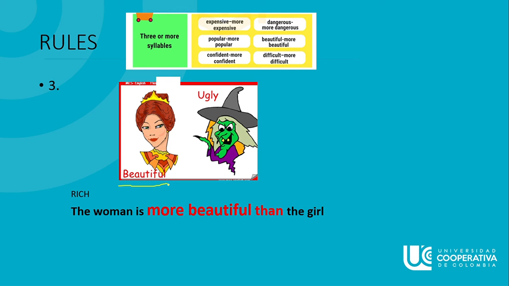As this is a long adjective or a 3-syllable adjective, we are applying the rule. First, we have to place the subject. After that, we place the verb be. Then, we put more before the adjective. And next, we put the word than to connect the 2 subjects in the sentence.